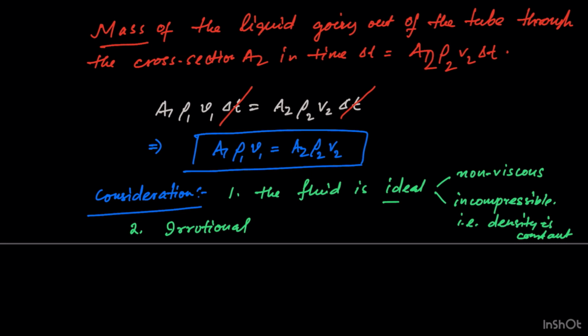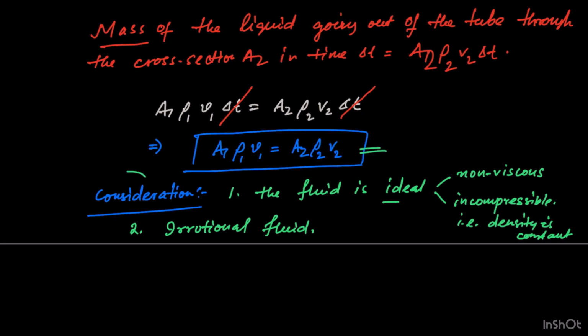And number two, the fluid should be an irrotational fluid. There will be no rotational motion for the fluid, that is, the net angular momentum for any fluid particle will be 0. So that is what we call an irrotational fluid. For a non-viscous, irrotational, incompressible fluid, rho 1 is equal to rho 2.